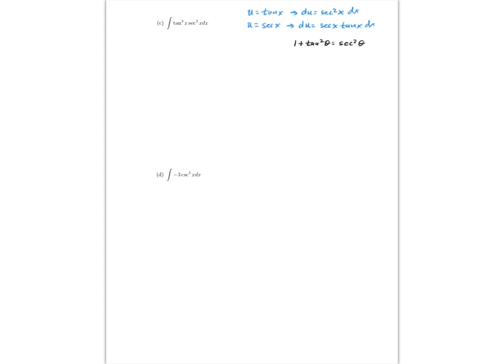So if you would have just one secant left here, then you cannot use this identity. So therefore, you want to use this identity, you can have one secant left and rewrite this as secant squared. What I mean is this: secant cubed, you can write it as secant squared times secant, and then you can use this secant and borrow one from this one, and then you can change everything to secant from there.